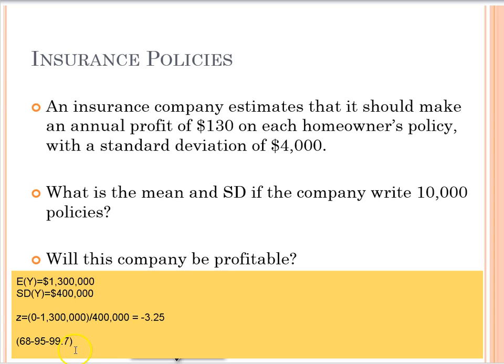In this example, what that rule says is that 99.7% of companies that write 10,000 policies should fall within 3 standard deviations. A company that makes zero profit is outside of 3 standard deviations. So a company making zero profit on 10,000 policies is highly unusual. So it's very, very likely that this company is profitable.